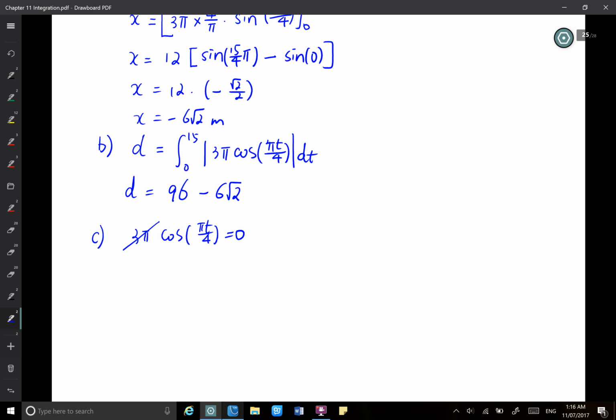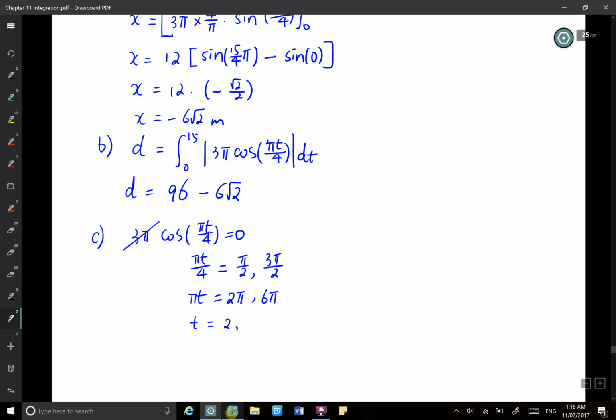Cosine equals 0 when the angle is pi over 2 and 3 pi over 2. I can times 4 on everything. Pi t equals 2 pi and 6 pi. And divide by pi, t is 2 and 6.